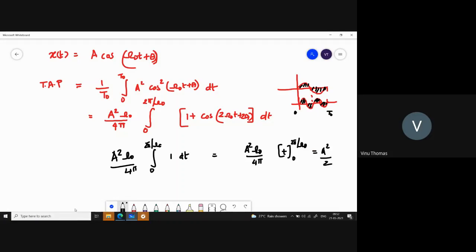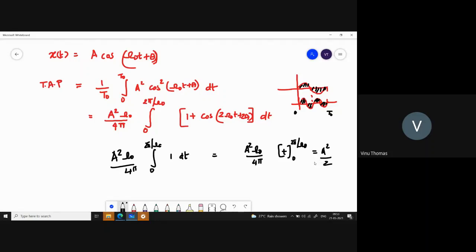So the total average power, this is a very important result. The total average power of a sinusoid you can evaluate to a squared by 2. So this is irrespective of the value of theta. The total average power of a sinusoid is equal to a squared by 2, where a is the amplitude of the signal.